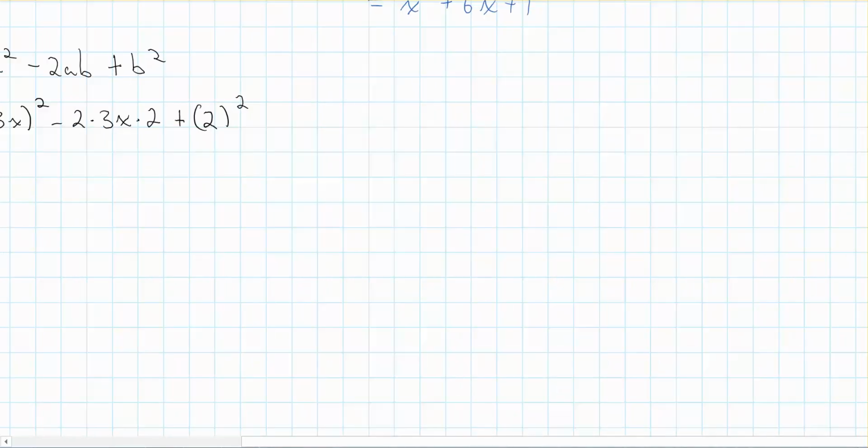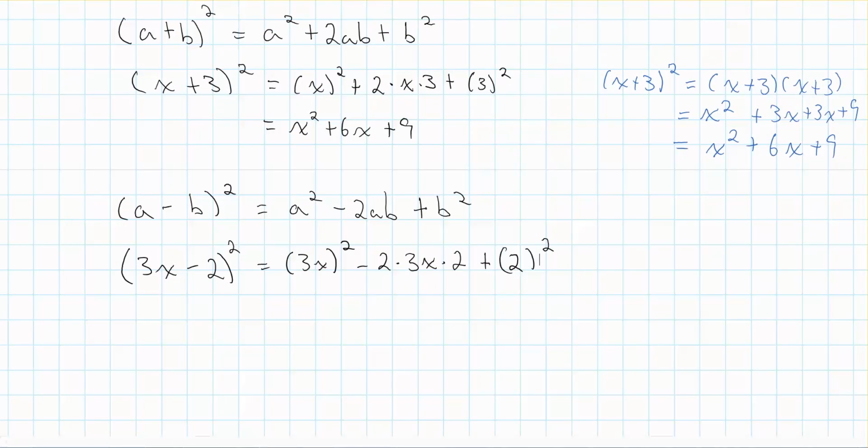Then if we simplify this out, we would get 9x squared minus 2 times 3 is 6, times 2 is 12, 12x plus 4.